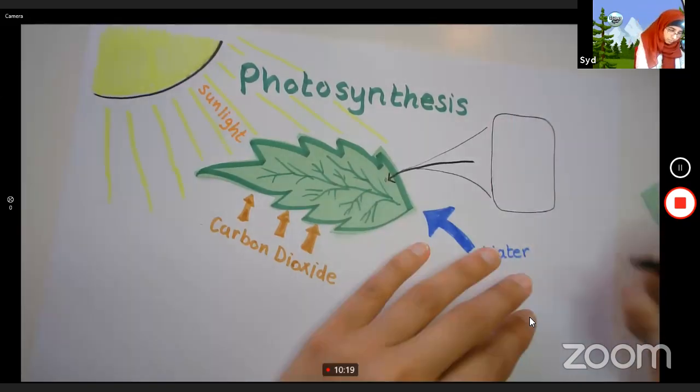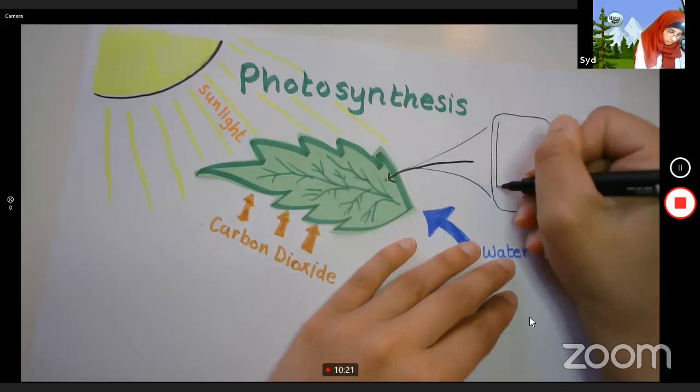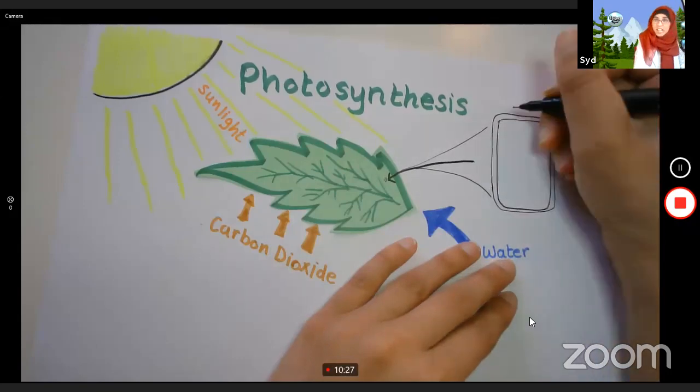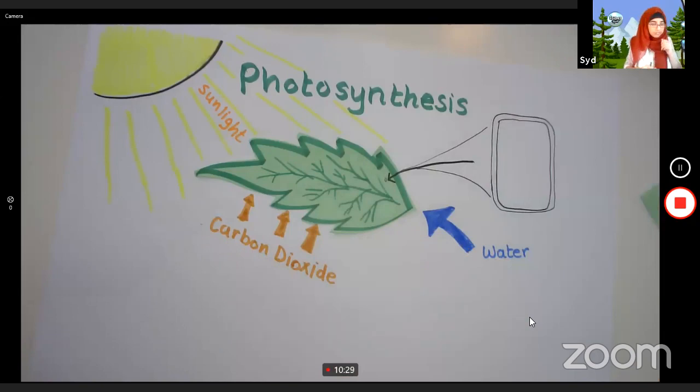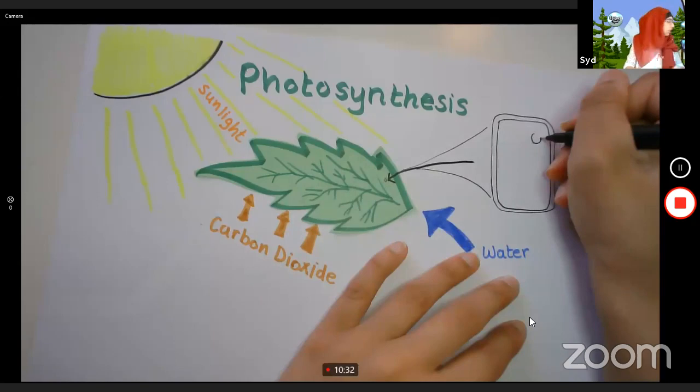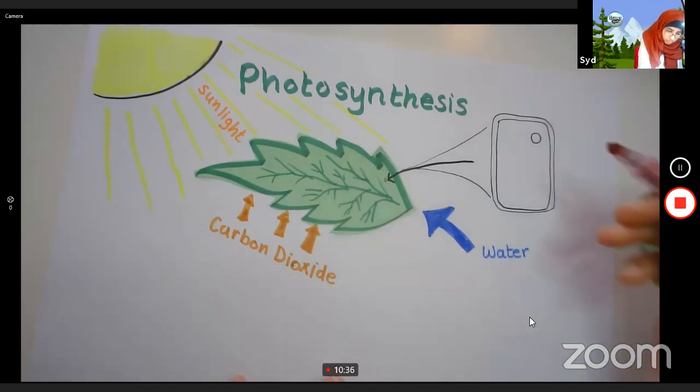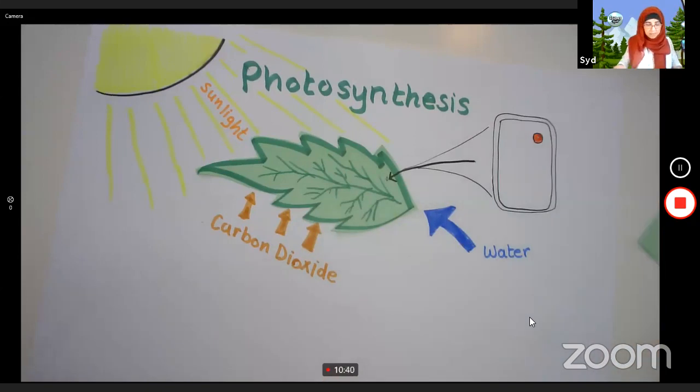So this cell has got a cell membrane. It's got a cell wall, which keeps it nice and rigid. Okay, you've got your nucleus in there. So I'm going to color that in red. You've got the cell sap in there.